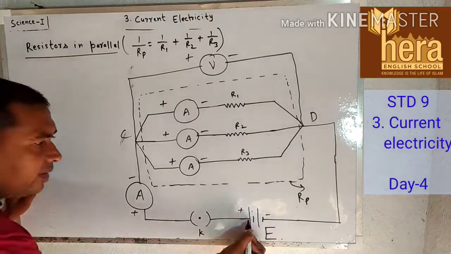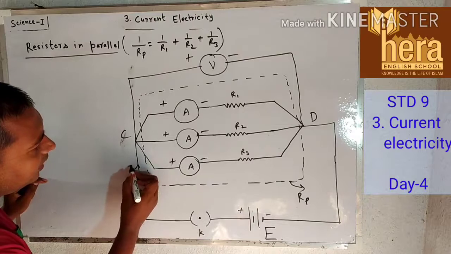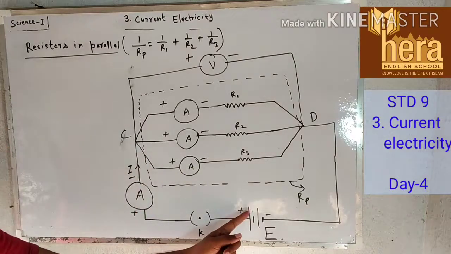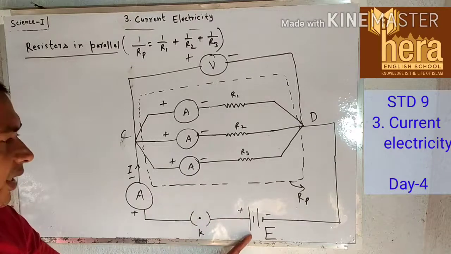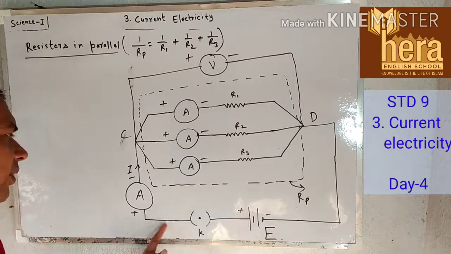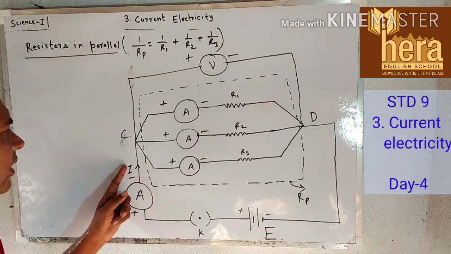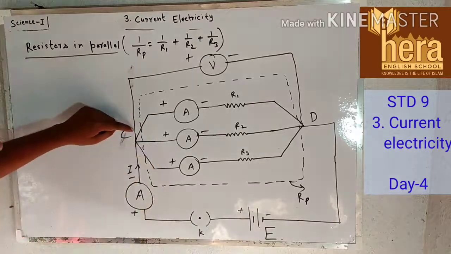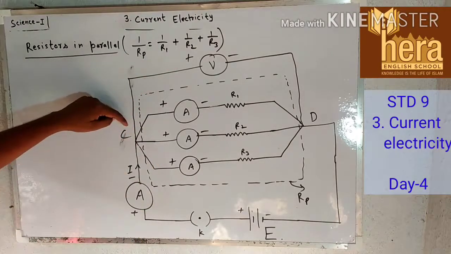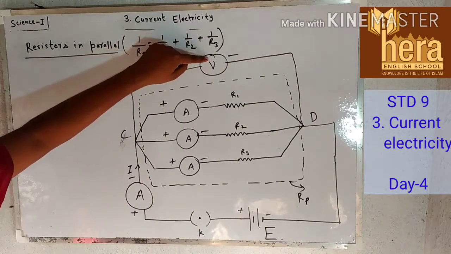Say in this circuit current I is flowing. Due to this potential difference of the battery, current I will flow. This current will be divided into three parts. See, in this branch current will not go. The reason is that the voltmeter has very high resistance.